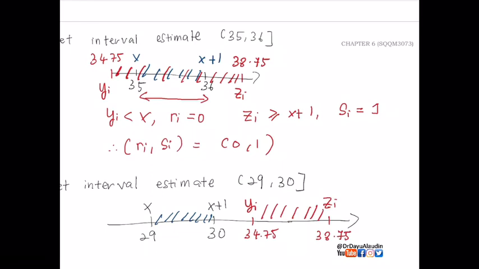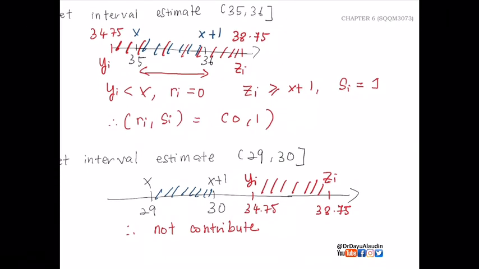So they do not share any point. So this case does not contribute for this estimate. So member A does not contribute in the interval of 29 and 30.